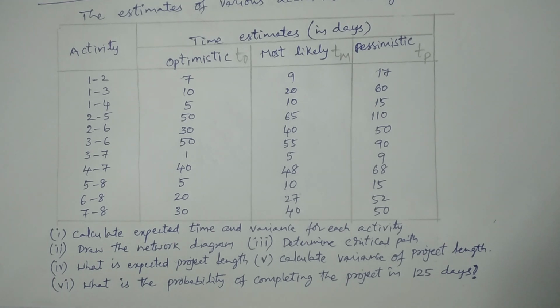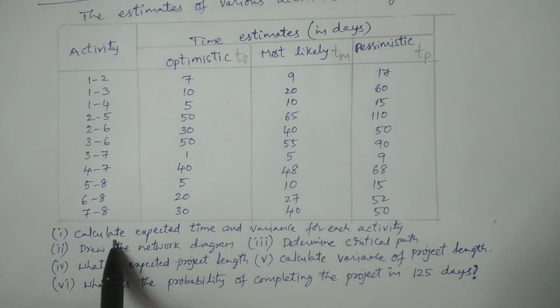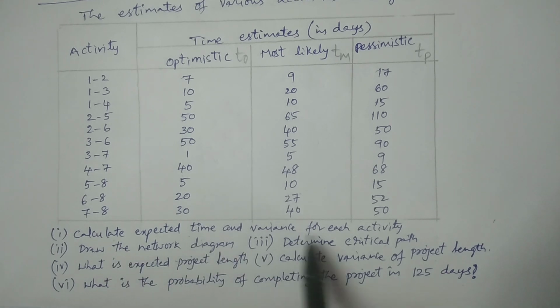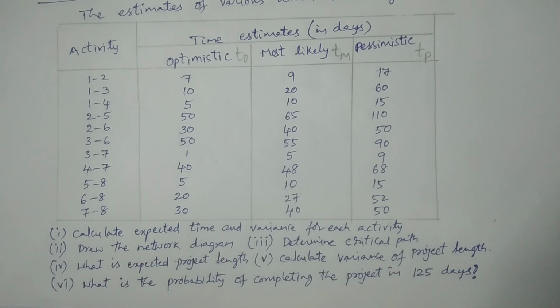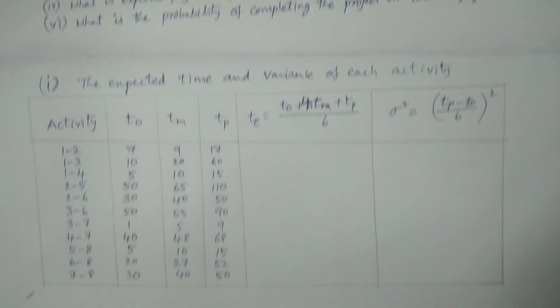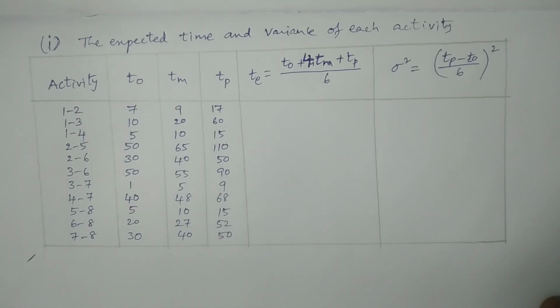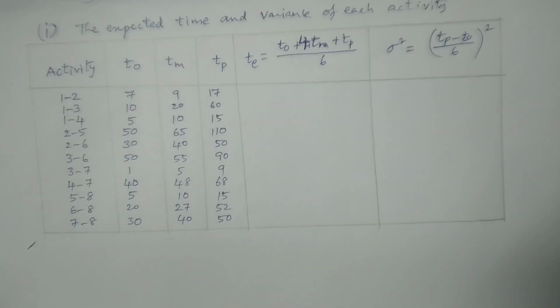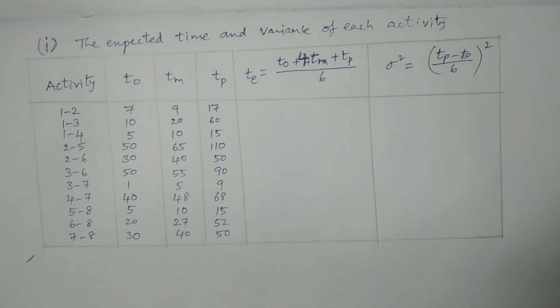So I'm doing the first question, calculate expected time and variance for each activity. This is the way to calculate the expected time and variance, right? You see here, it is required to calculate this, for which you have to draw this particular table.